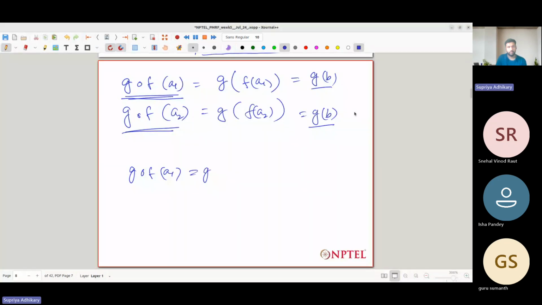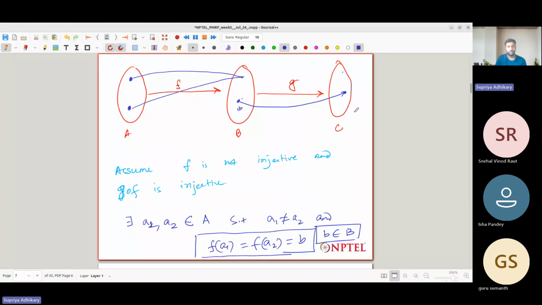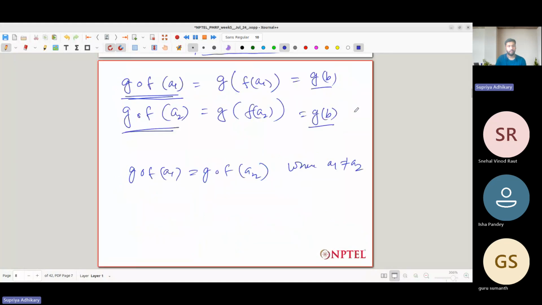So g of f of A1 is equal to g of f of A2, where A1 is not equal to A2, because that's what we had assumed over here. A1 and A2 are two distinct elements in the domain set A. So basically we have two different elements A1 and A2 in the domain set A such that this g composition f function maps them to the same element.